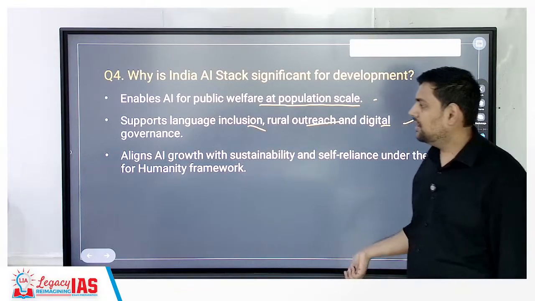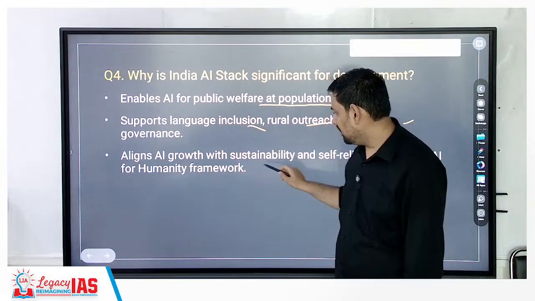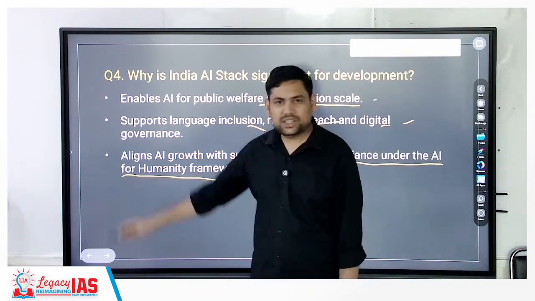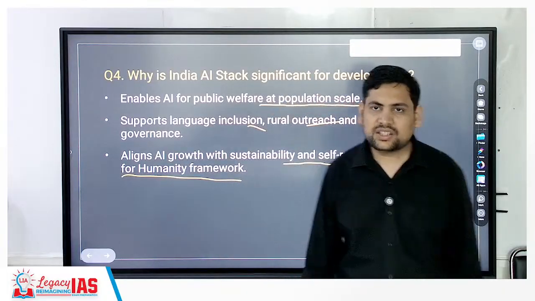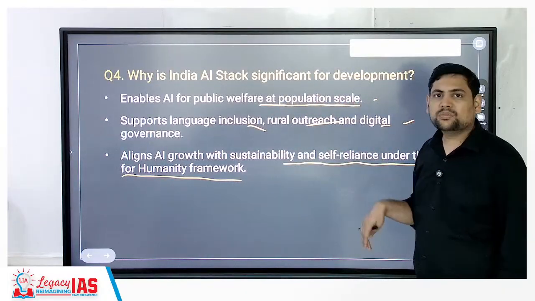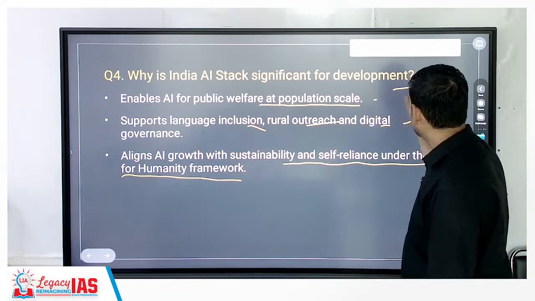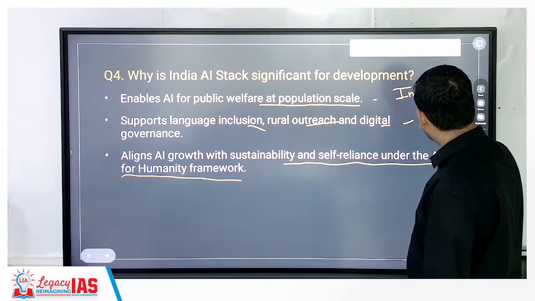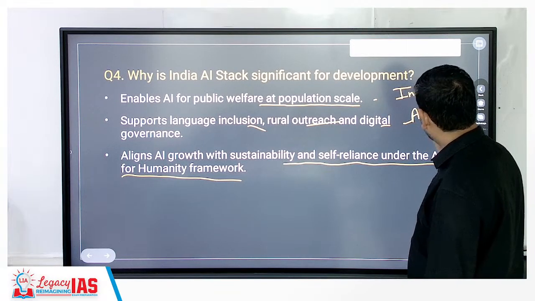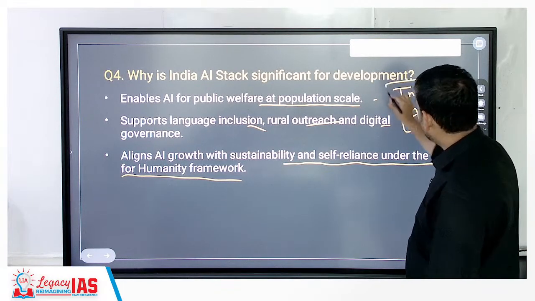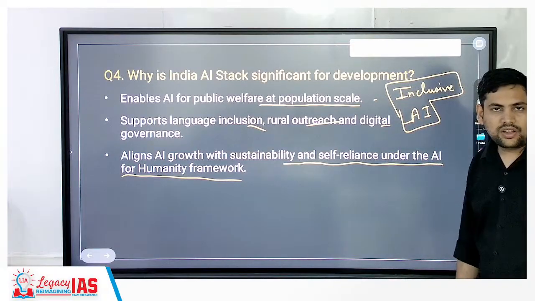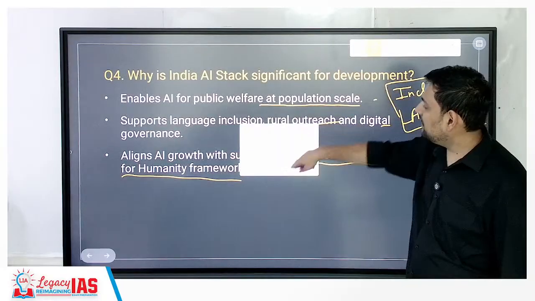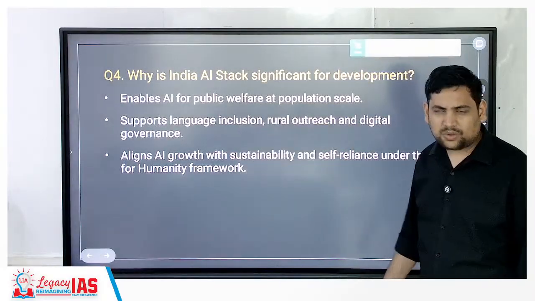Then it aligns AI growth with sustainability and self-reliance under the AI for Humanity framework. It's just generic things. So why is it significant for us? Because ultimately there is a term called inclusive AI. All these initiatives are actually for inclusive AI. We want to include all people, or get the benefits of AI to all of them. This is the core of it.